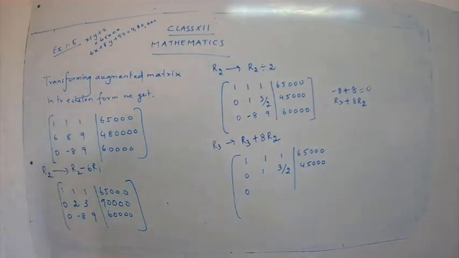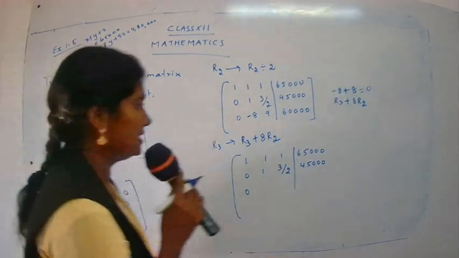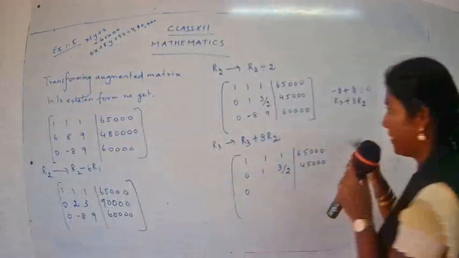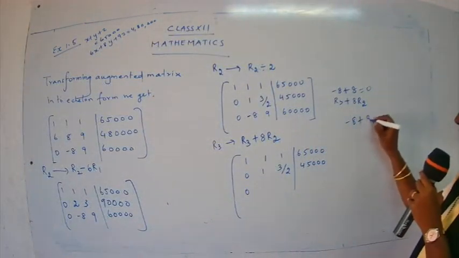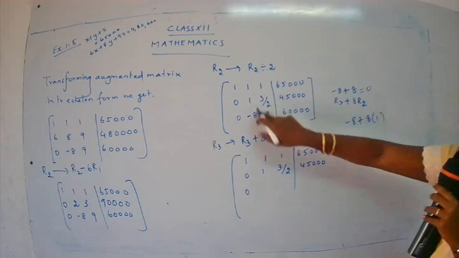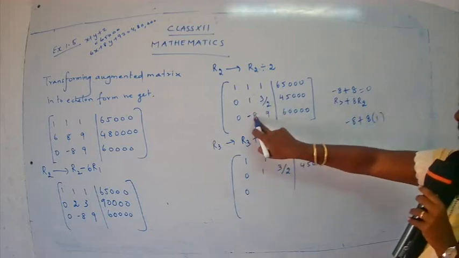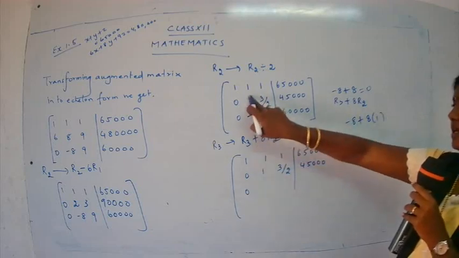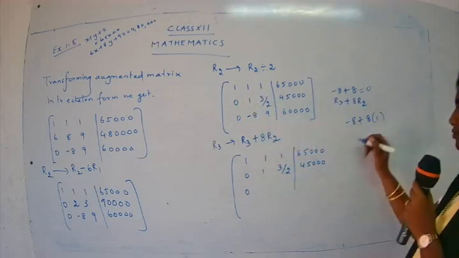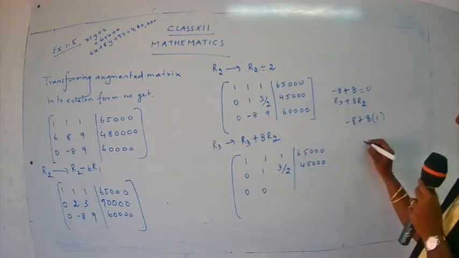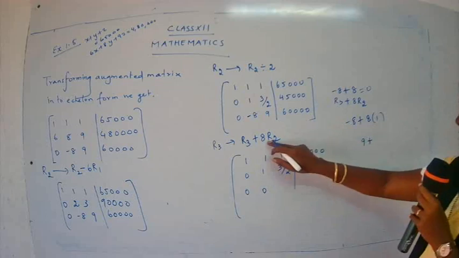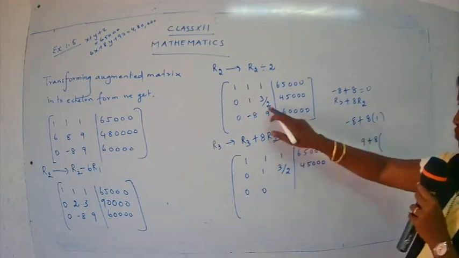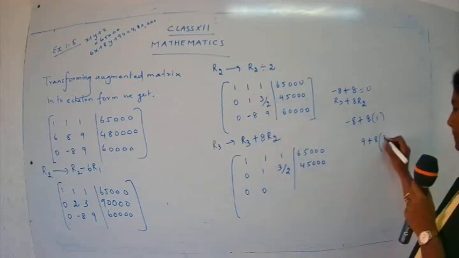Okay. So what we have here? Minus 8 plus 8 into 1. The corresponding row I told you: if you are taking R3, you have to take the corresponding R2. So that's 0. 9 plus 8 R2, R2 is 3 upon 2.